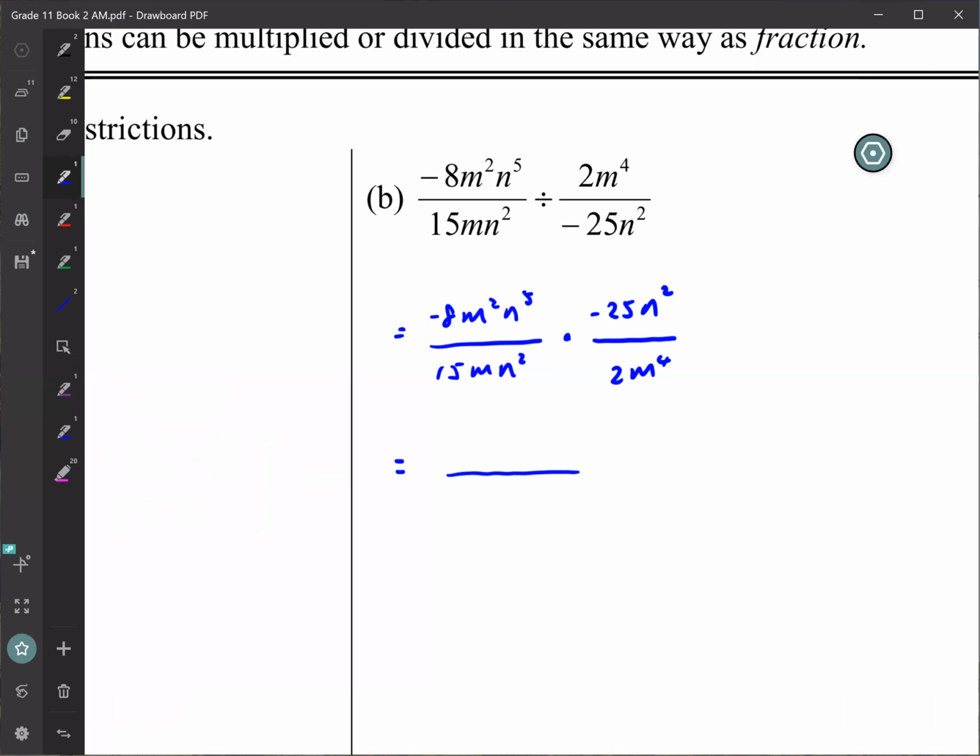Okay, so I'll let you do this part, multiply, because we just did multiplying. This one you can do. So please raise your hand after you multiply the two fractions.